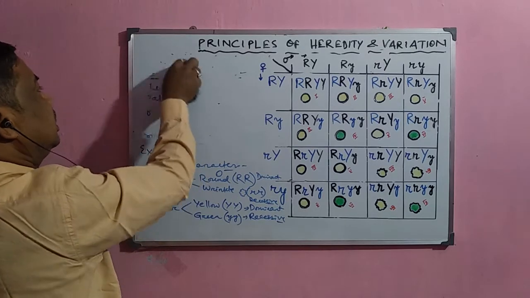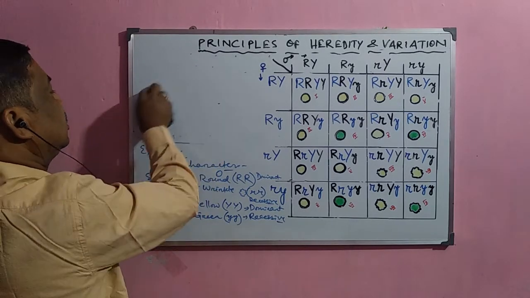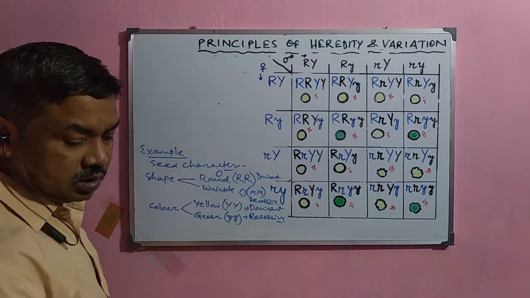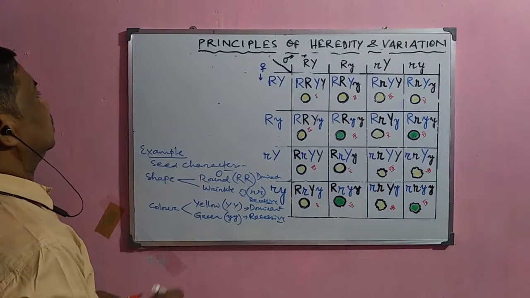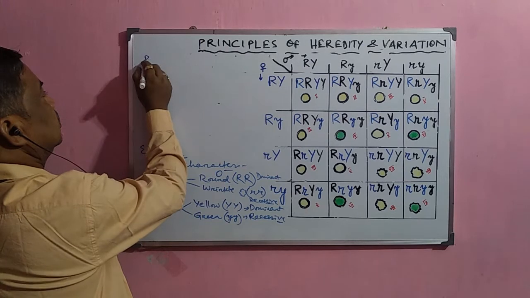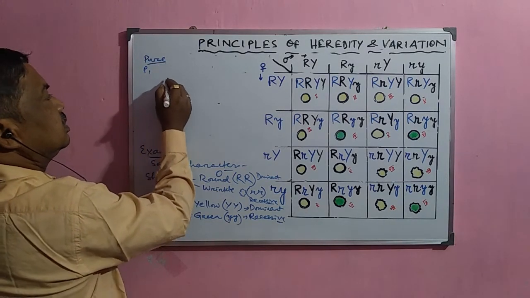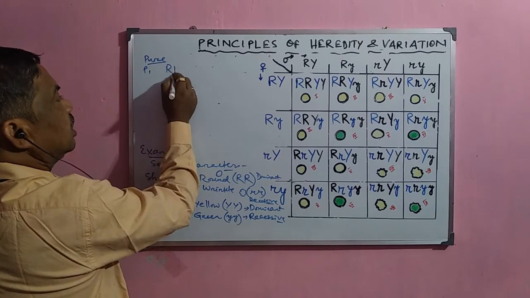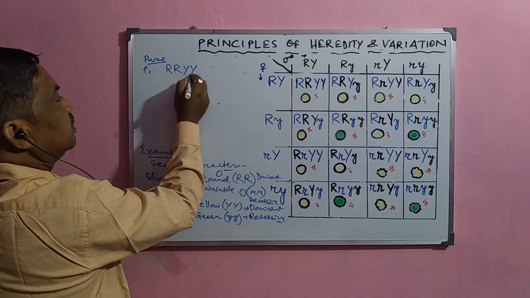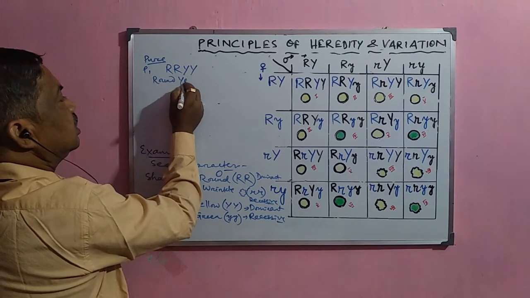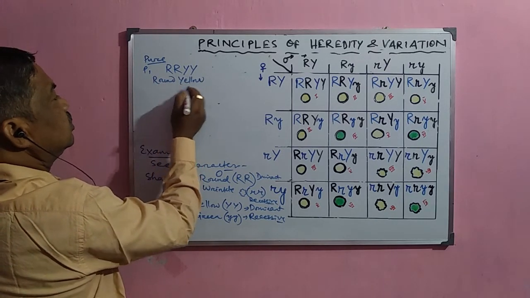These pure varieties of the plants are called the dominant variety and the recessive variety. The first one is the pure variety in the parental generation. He took capital R, capital Y, the round yellow seeds.